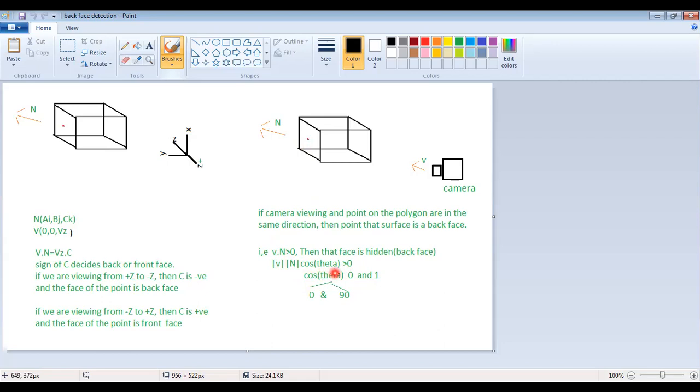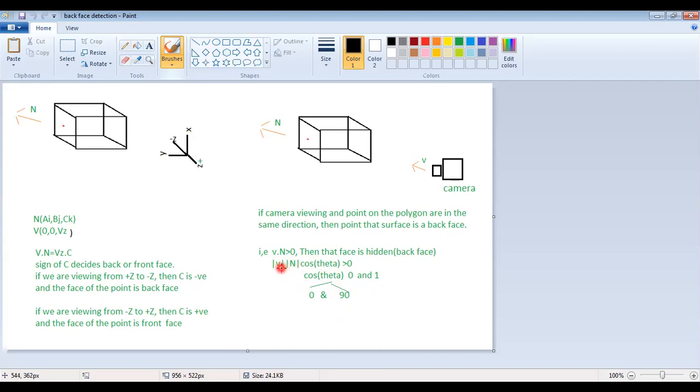If cos theta is between 0 and 1, then V dot N is greater than 0, because V and N are taken as modulus, so there is no concept of less than 0 for them, whatever the values may be.